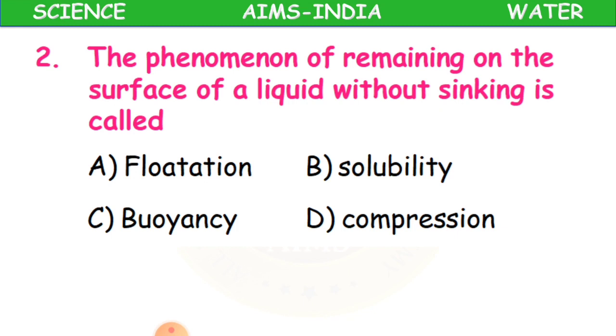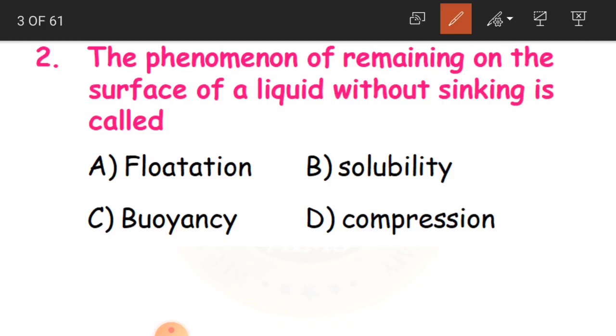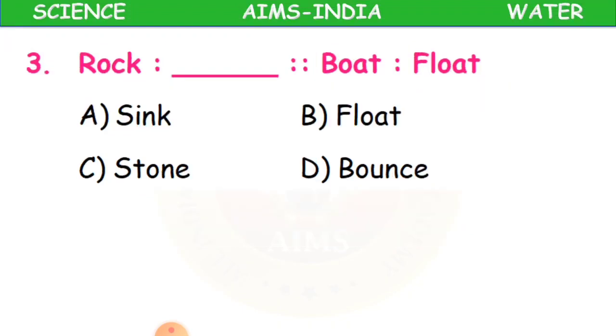Is it flotation, solubility, buoyancy or compression? So what do we say children? If some object is on the surface of the water without sinking, we say that it is floating. So A is the correct answer. Clear children? It is flotation.